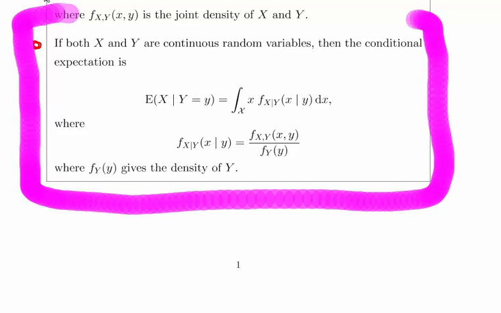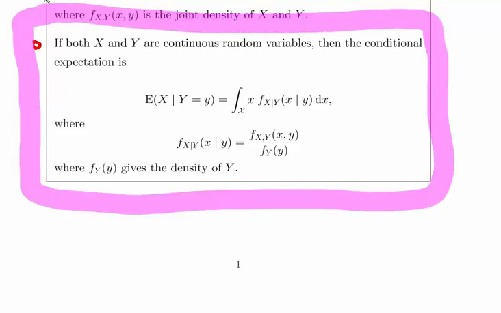So essentially the conditional expectation can be expressed as the integral of x times the conditional density, dx. Now, the conditional density, furthermore, can be expressed as the joint density function divided by the marginal density function of y. So it's x given y, so down here we have the marginal density of y. So that's an important place to start.